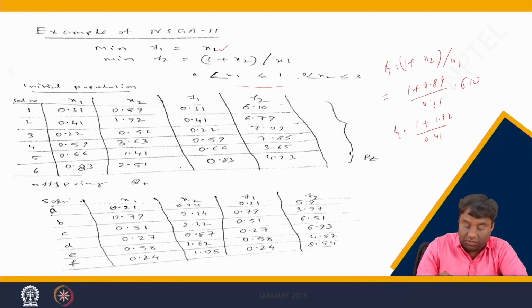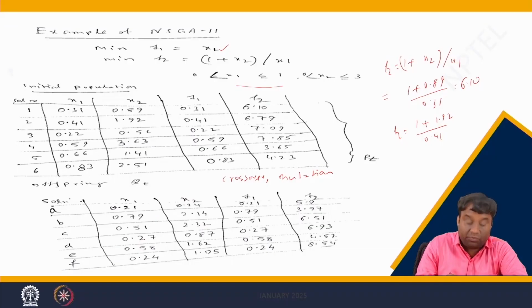Now from here we do the crossover and mutation. We get solutions A, B, C, D, E, F. So here for A, x1 is 0.21, x2 is 0.24. For B, x1 is 0.79, x2 is 2.14. For C, x1 is 0.51, x2 is 2.32.